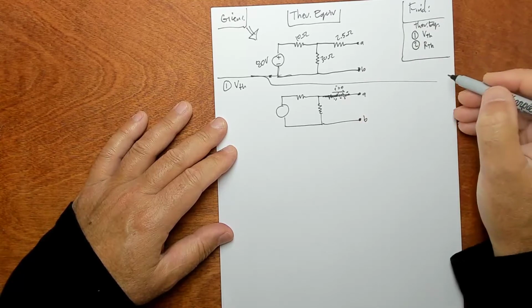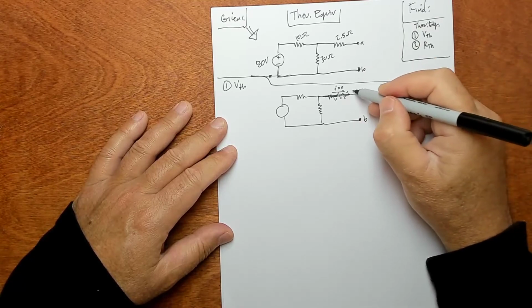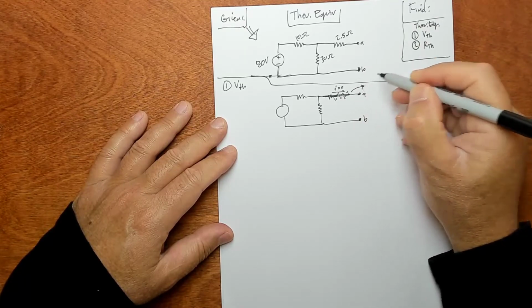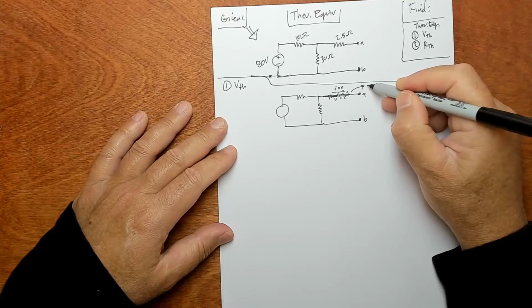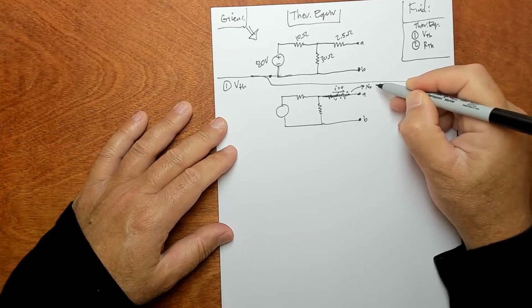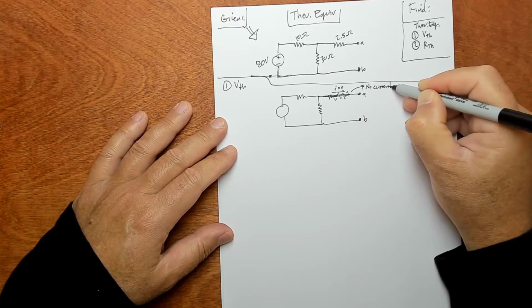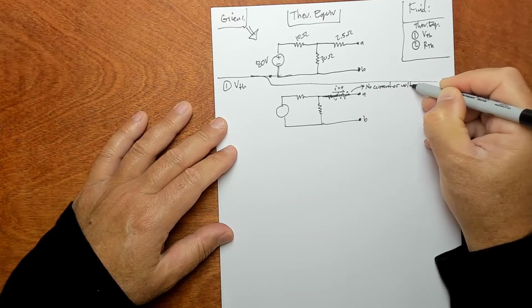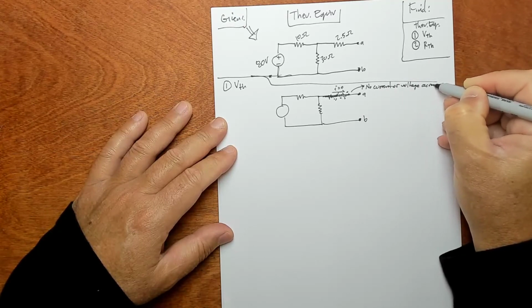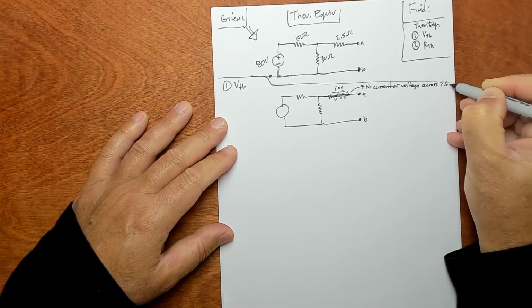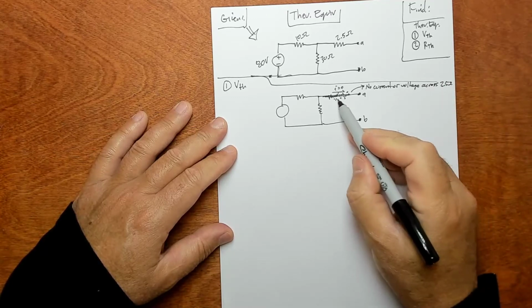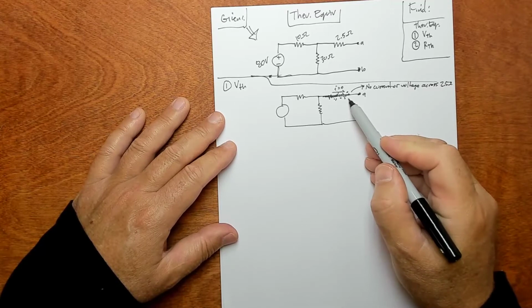So I'm going to draw it with a dotted line, and I'll write out to be clear: there's no current or voltage across the 2.5 ohm resistor. So you can sort of pretend that it's not there.